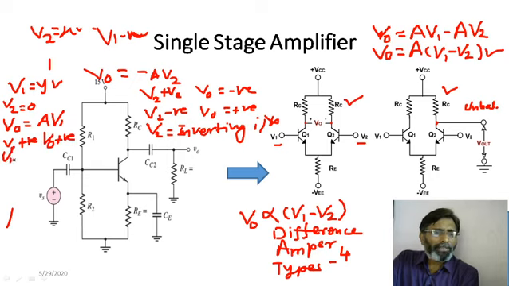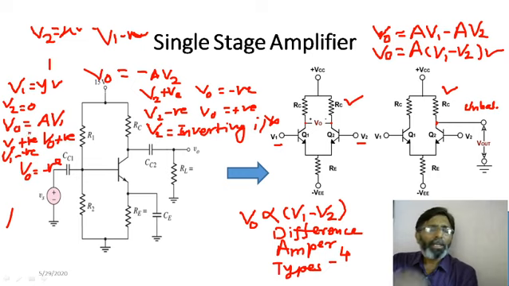If my V1 is negative, my VO will also be negative. It means my input polarity is maintained at the output. It means my input is not inverted. So, that is why this V1 is known as non-inverting input.